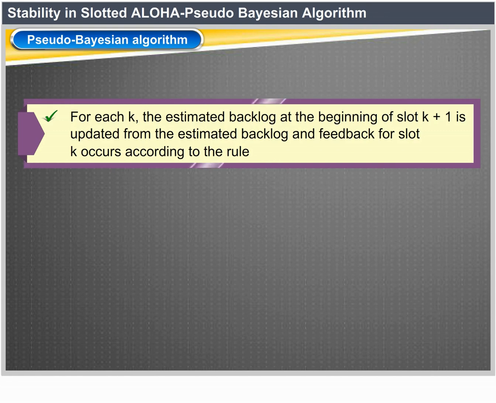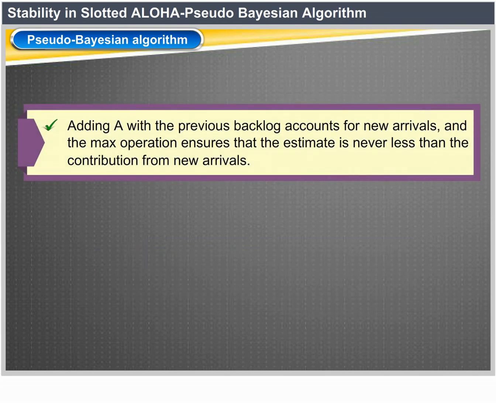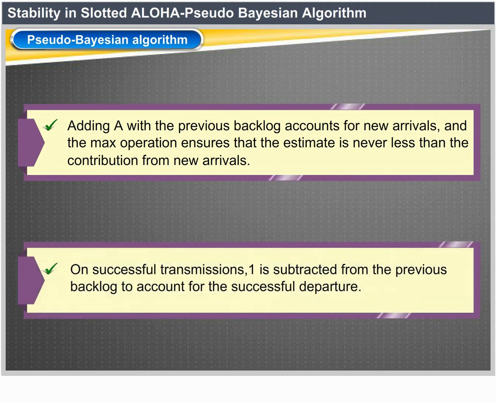n-hat(k+1) = max{lambda, n-hat(k) + lambda - 1} for idle or success, and n-hat(k) + lambda + (e-2)^(-1) for collision. The addition of lambda to the previous backlog accounts for new arrivals, and the maximum operation ensures that the estimate is never less than the contribution from new arrivals. On successful transmissions, 1 is subtracted from the previous backlog to account for the successful departure.